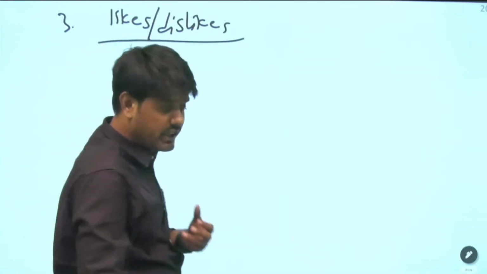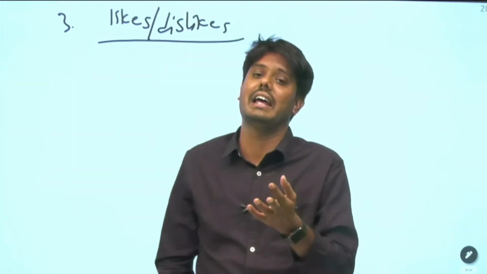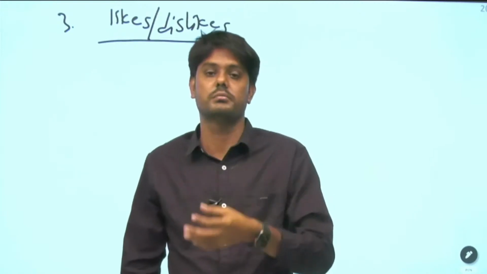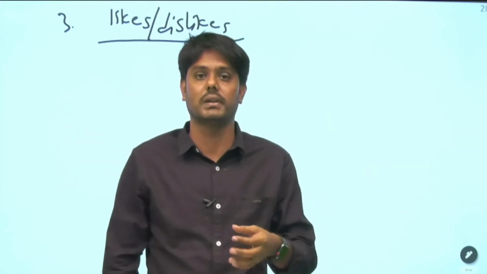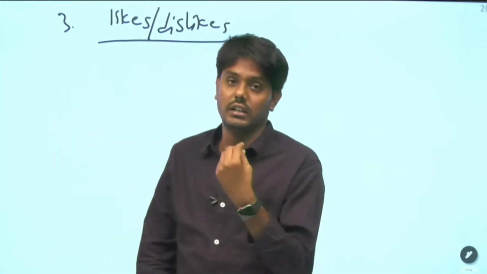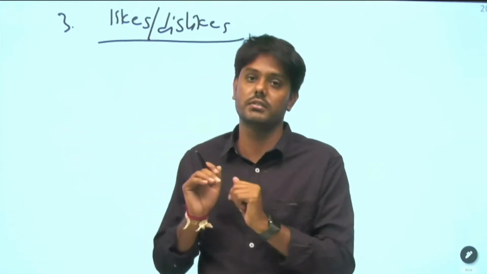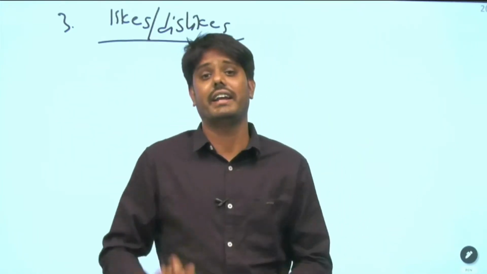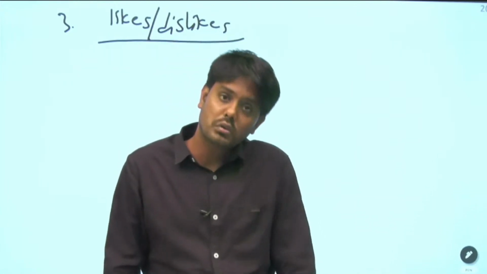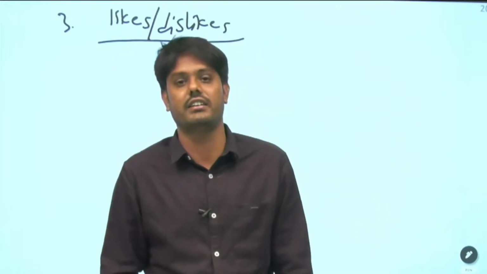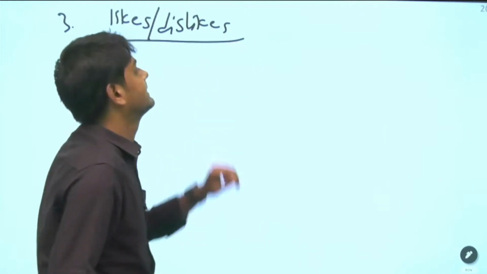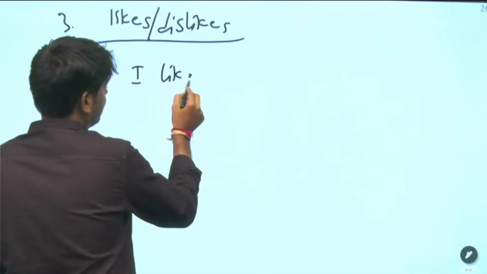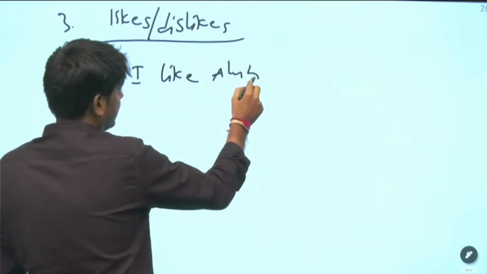So we generally have many likes and dislikes related to food, persons, places, or relationships. You can express any like or any dislike only in simple present tense. For example, I like aloo biryani.